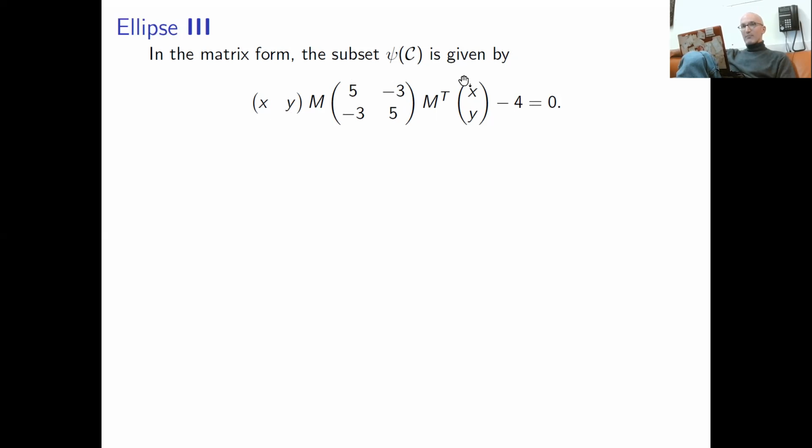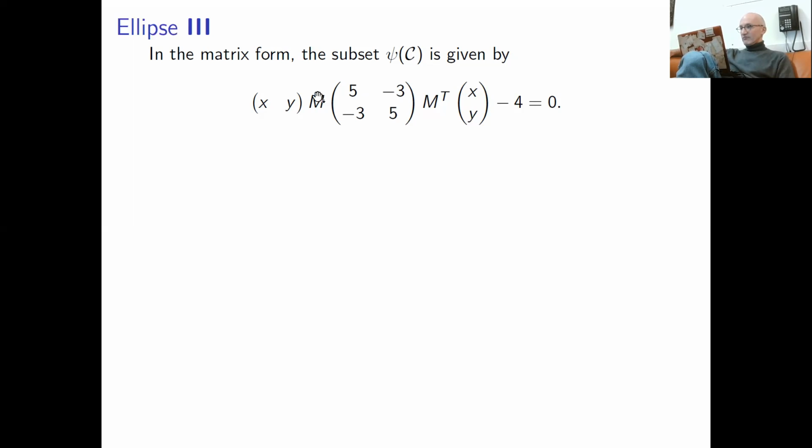What we did, we replaced the point xy by the point phi of xy. And phi of xy is exactly the inverse of M times xy. But M is an orthogonal matrix, so its inverse is its transpose. So this is our point phi of xy.